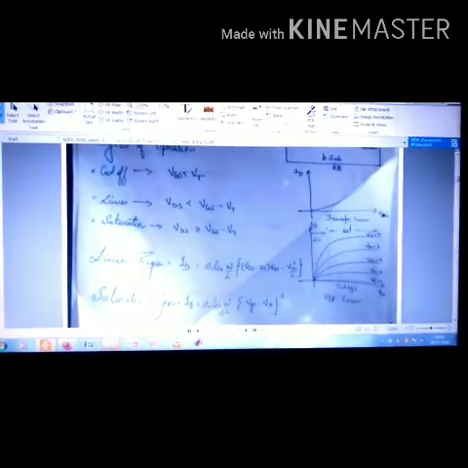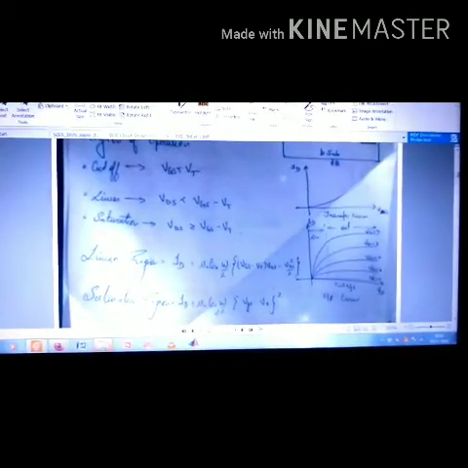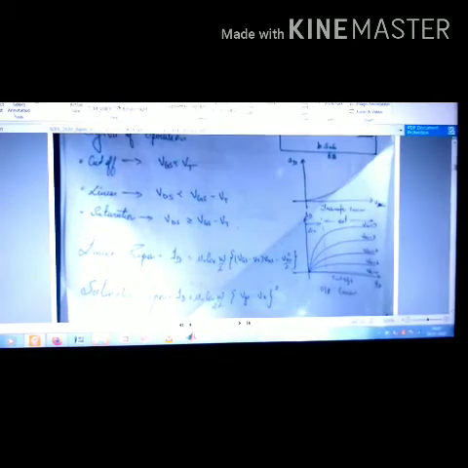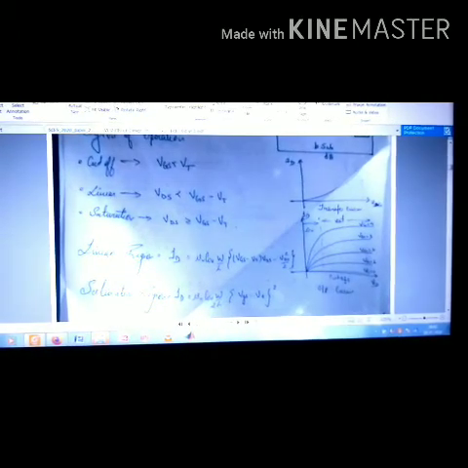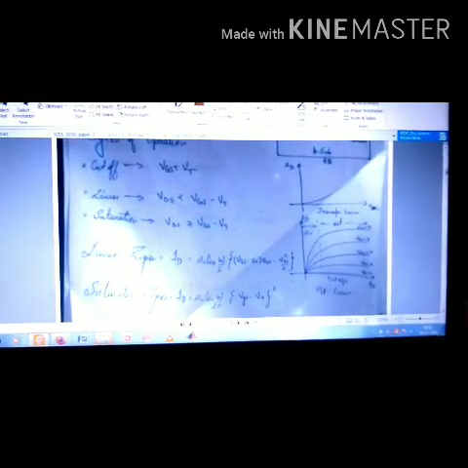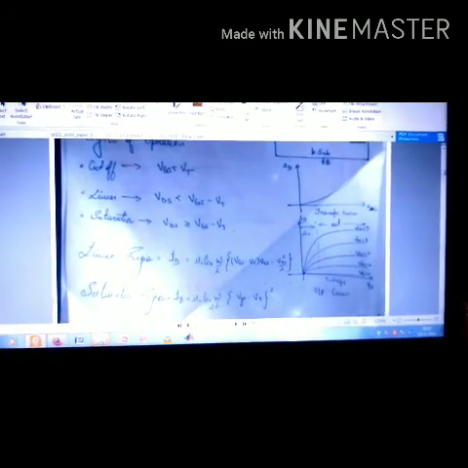In the linear region, the equation is ID equals mu n Cox W by L into VGS minus VT into VDS minus VDS square by 2. The equation for the saturation region is ID equals mu n Cox W by 2L into VGS minus VT whole square.